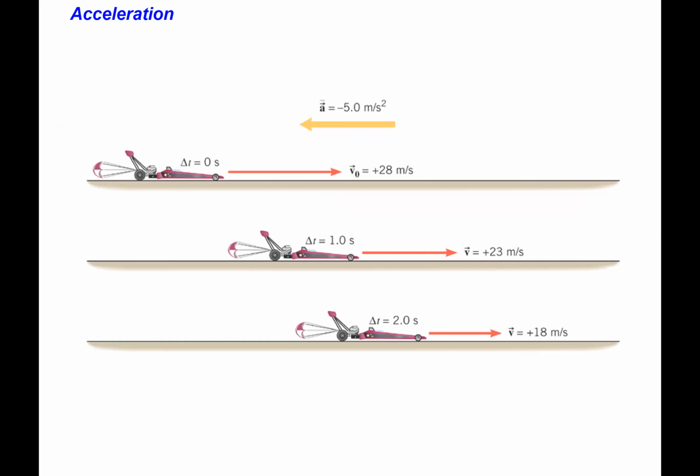Therefore, after 1 second has elapsed, it is now moving at 23 meters per second. After 2 seconds have elapsed, it will be moving at 18 meters per second. If I kept observing the motion, decelerating at 5 meters per second squared, after 3 seconds it will be moving at 13 meters per second.